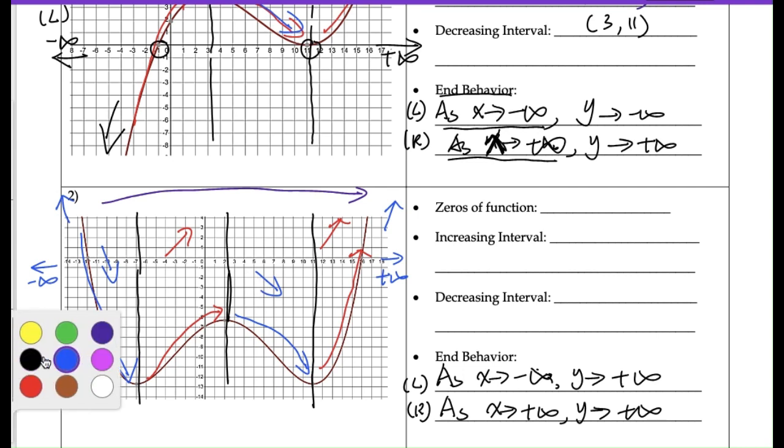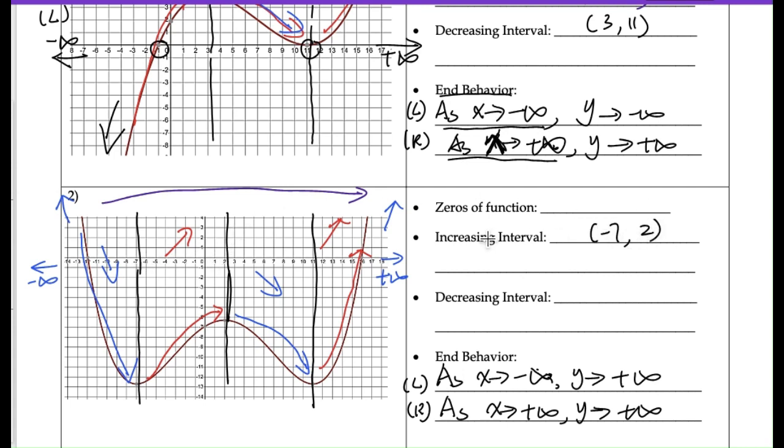So let's write down the increasing and decreasing intervals very quickly. Increasing, as you can see, is from -7 to 2. If you cannot see the graph clearly, you can definitely pause the video and double check the graph in more detail. The right side is from 11 to positive infinity. For decreasing, the blue part is from negative infinity, the very left side, to -7, and we have another piece from 2 to 11.